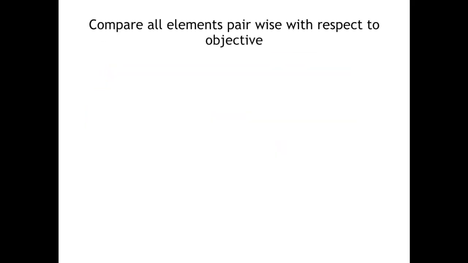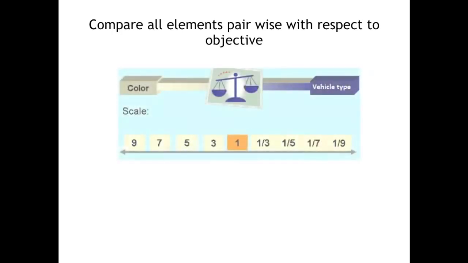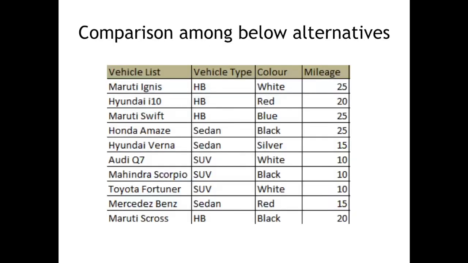Now, we compare all elements pairwise with respect to our objective. Let us understand one thing. The criteria are vehicle type, color, and mileage. So now we have to compare vehicle type with color, vehicle type with mileage, and color with mileage.